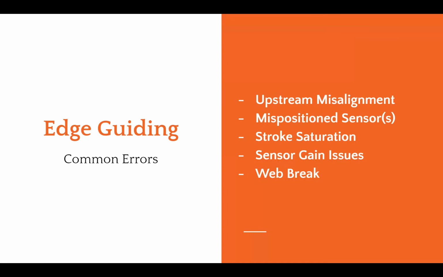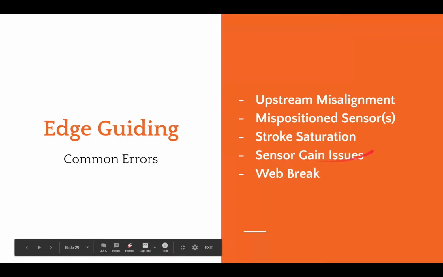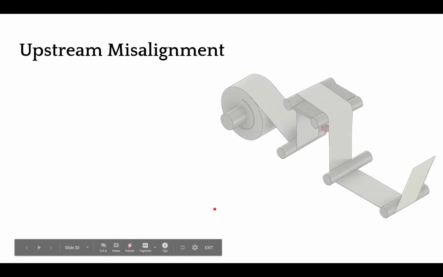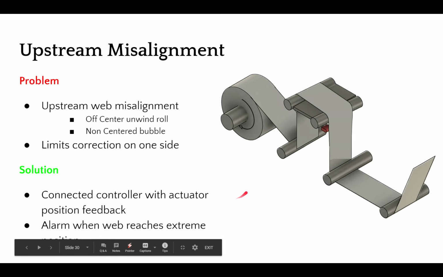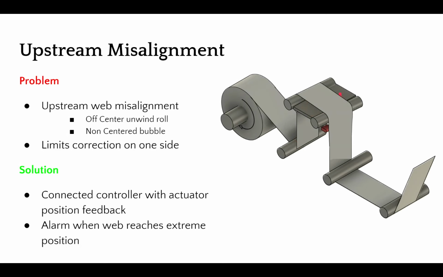Let me just quickly go over some common errors that we see when we are trying to do edge guiding applications. First and foremost, the most common one is upstream misalignment. What happens here is that you have a web coming into a web guide that already has an upstream misalignment, and this puts the web guide or the actuator at a non-zero steady state condition.